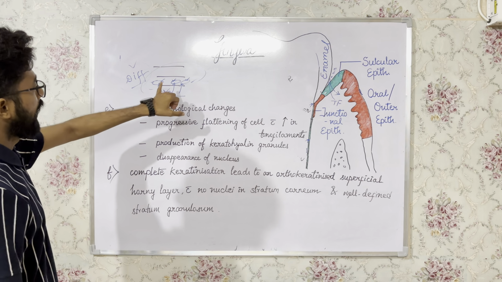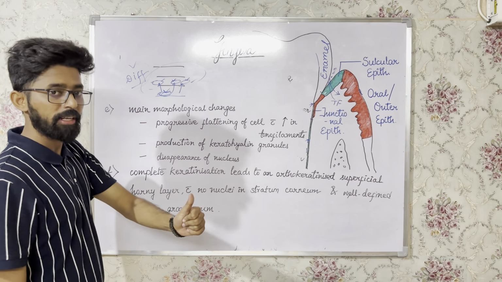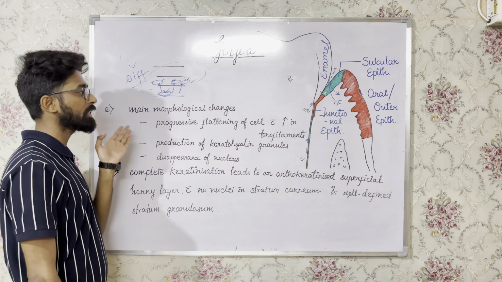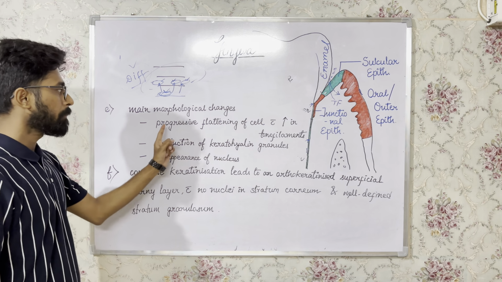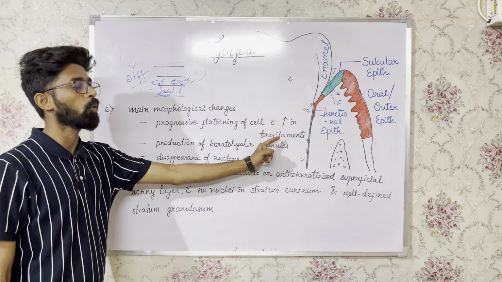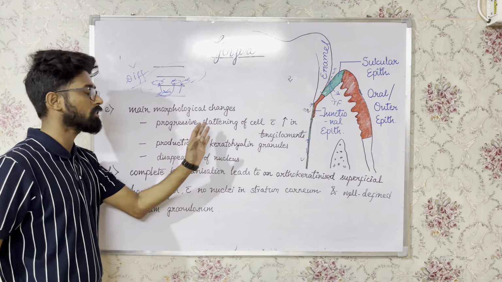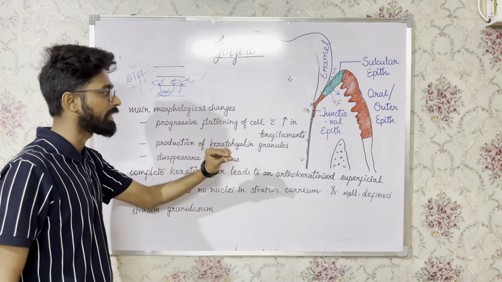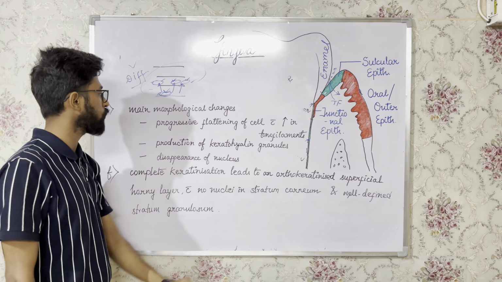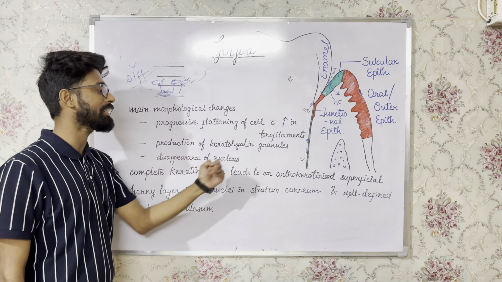So, during differentiation, there were some morphological and biochemical events. So, the main morphological changes that occur are progressive flattening of cell with increase in tonofilaments. Tonofilaments you remember from the last diagram. So, the cells become progressively more and more flattened and increase in the number of tonofilaments. Second is the increased production of keratohyalin granules.